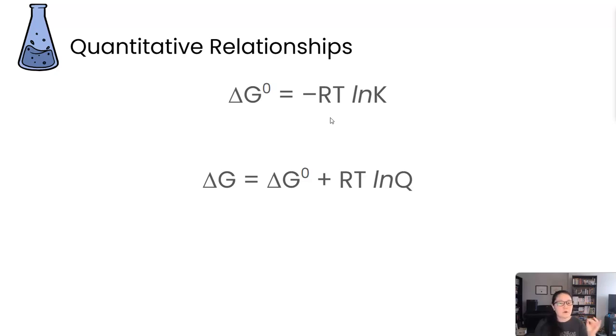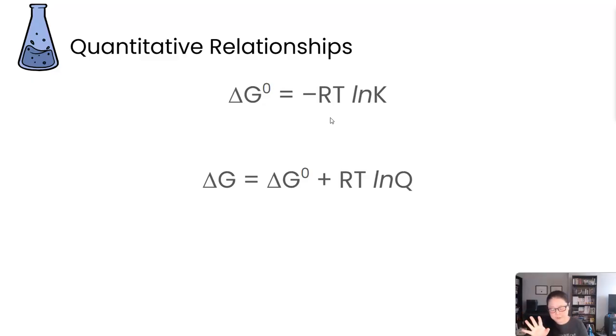If you know that the overall reaction has this particular delta G, you can find what the delta G would be at a certain reaction quotient, usually not equilibrium concentrations, and then based on the sign of this, you will be able to determine if it is going to spontaneously continue in the forward direction, if it's already at equilibrium, or if it's going to spontaneously move in the other direction, in the reverse reaction.